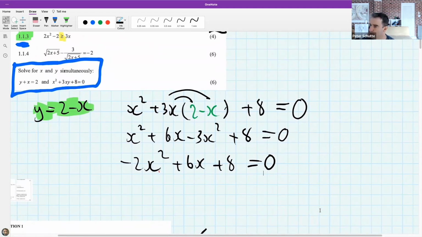Okay, so I see a couple of answers coming through in the chat. There actually is a choice in this question. You can use the formula to find your x values, or you can also divide through by -2 to make this trinomial easier. So I see that there's sort of a common factor floating around. So what I'm going to do is divide by -2, but the formula will also give us the same answer.